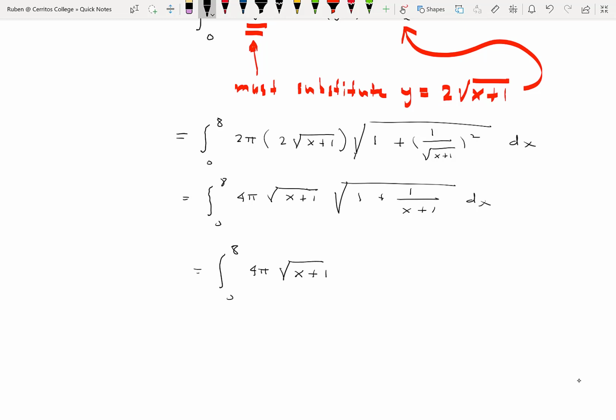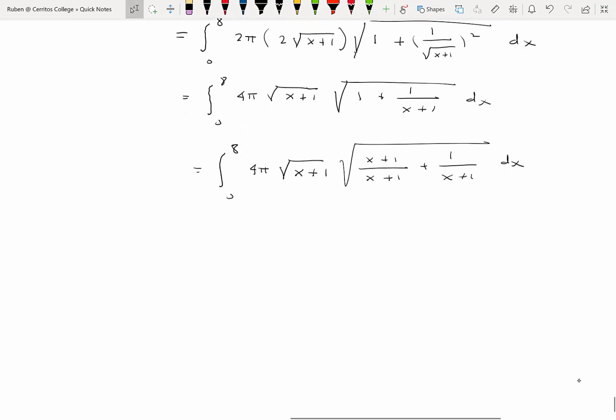Now let's look under the integral sign. I'm going to write underneath the integral sign 1 as x plus 1 over x plus 1. Looks like I'm making things even more complicated, but it turns out pretty nice. 4 pi square root of x plus 1.